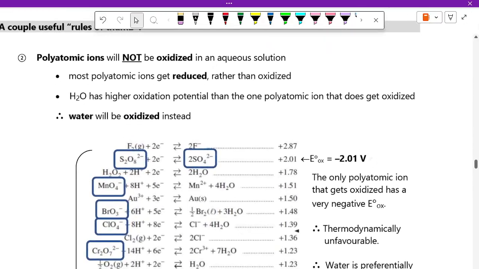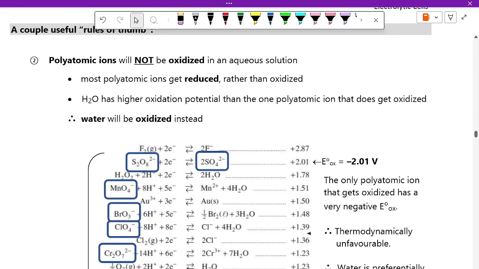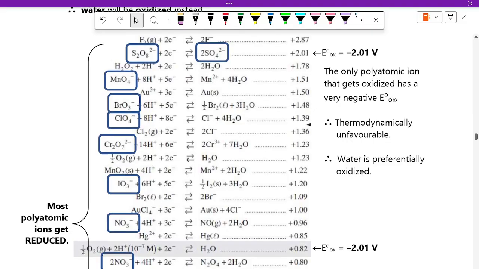Secondly, polyatomic ions will not get oxidized. Now, if you forget any of these things, you can just use your table, right? You can be like, can it happen? And do the comparison. But all your polyatomic ions, when you see them on the left, they're all up near the top.